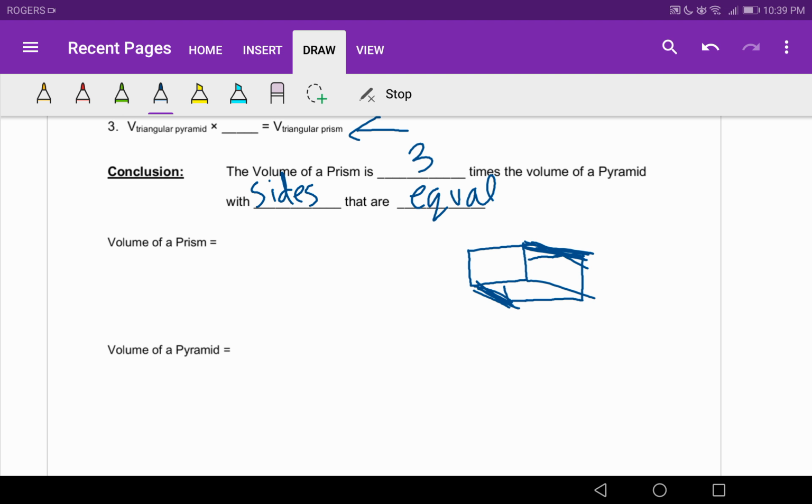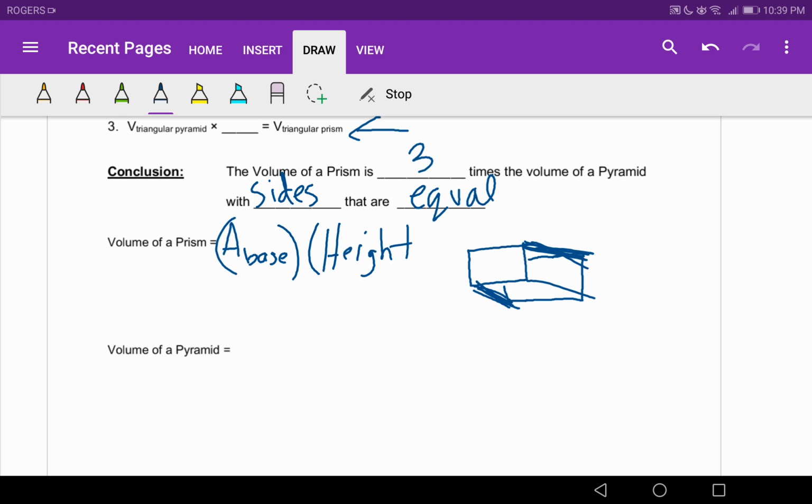For the volume of any of the shapes we're going to deal with, the formula is always the area of the base, capital A subscript base, times the height of your prism.